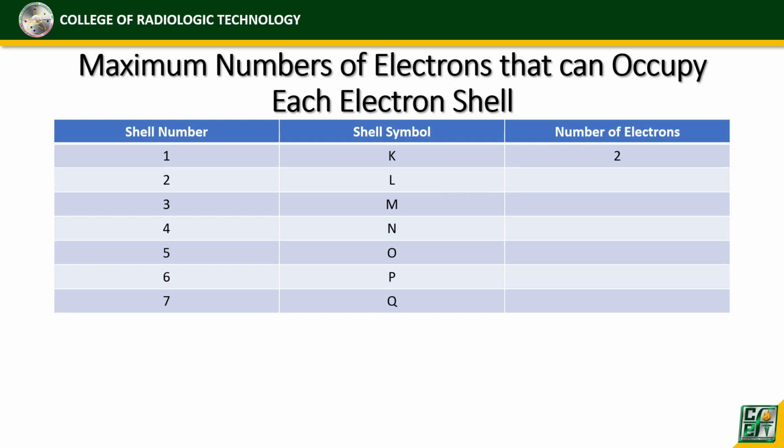So, I want you to give me the maximum electrons that can occupy the L, M, N, P, and Q shell. Okay? So, I'll give you 5 minutes to do that. Okay? So, using the formula 2n squared.